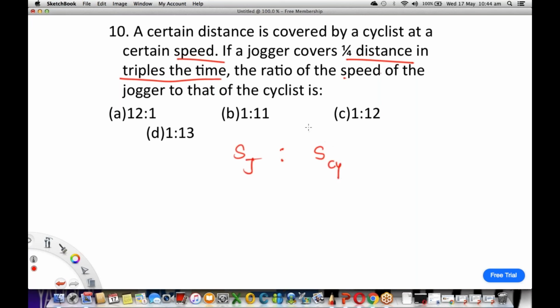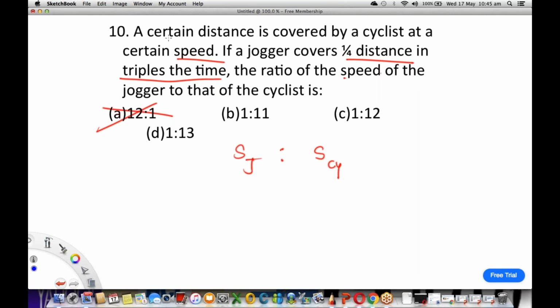You can easily understand who is going to move with more speed, the jogger or the cyclist. The cyclist will have more speed. So option A is eliminated, and it's a trapping answer. Using your common sense, you can eliminate that option, but the remaining options may be possible. So now you can proceed.